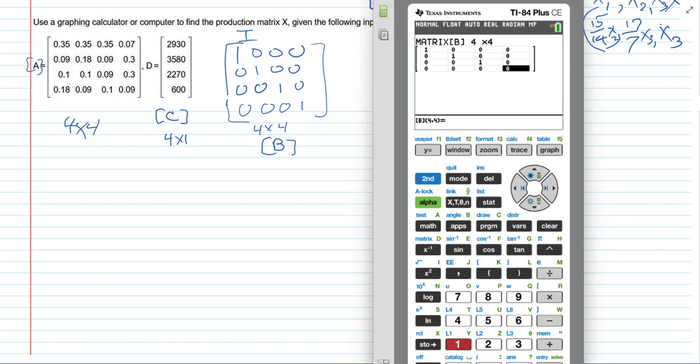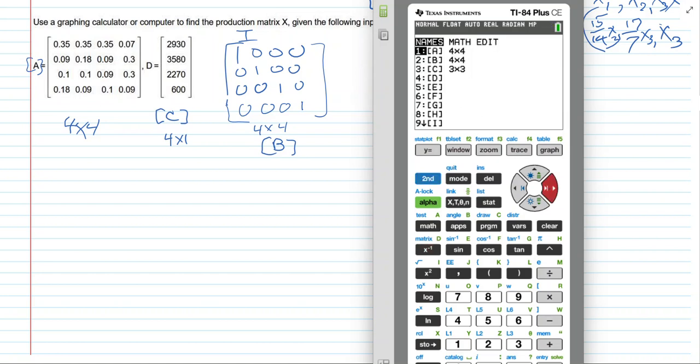And our 1. Notice I have the cascade of 1s on my computer. All right, so I'm going to enter, and then I'm going to go second matrix, and I'm going to edit, on the third one, and make that a 4x1.